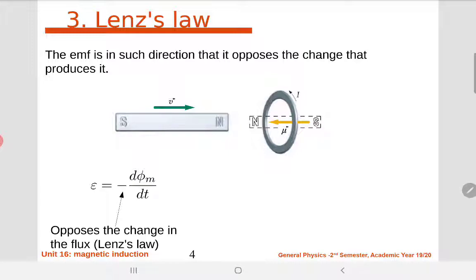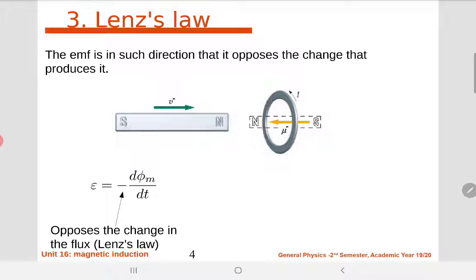If you remember what we studied in the previous unit, Unit 15, a magnetic field towards the left would be caused by a current in the ring that goes the way shown in the picture.